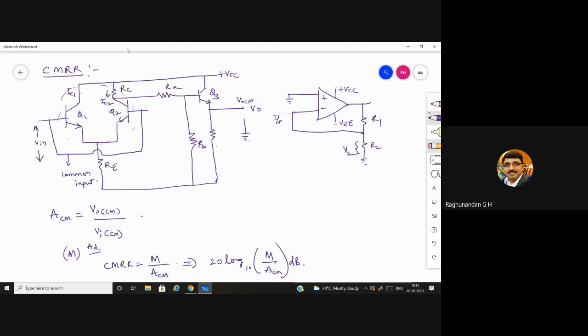In order to cancel that, we need some extra voltage. That voltage is V2. By using V2, we are going to cancel that offset voltage. As you know, offset voltage is the unwanted voltage which gets added to the input signal; in other words, it is a common mode signal, common mode noise.